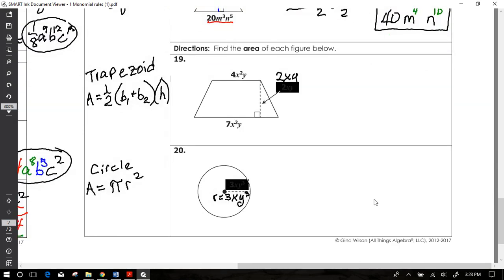Okay, so we are now going to find the area of a trapezoid and the area of a circle. Now I wrote the formulas out to the left for you so that you have those to use. Okay, so I'm going to bring my formula over. 1/2 base 1 plus base 2 and then times the height.